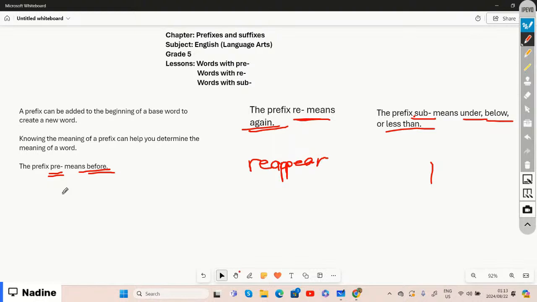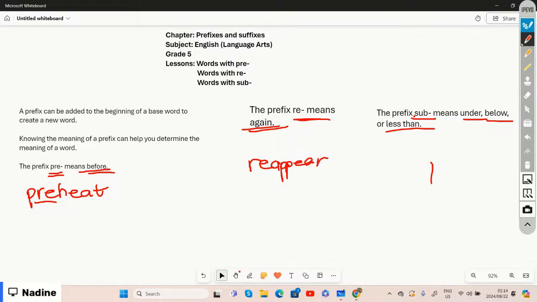Think of this word: preheat. Remember, our prefix pre means before.